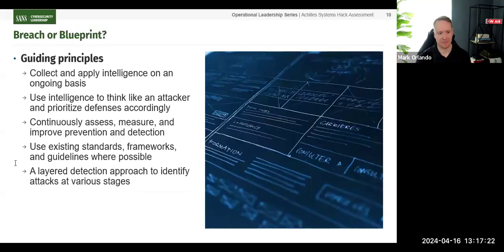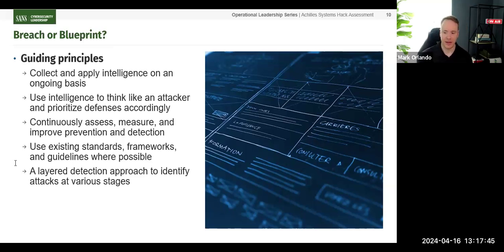Let's keep going. Now, some guiding principles before we move out here. We want to be able to collect and apply intelligence on an ongoing basis. So that threat intelligence activity just needs to be part of those operational tasks that happen all the time. We're going to use that intelligence to think more like an attacker.